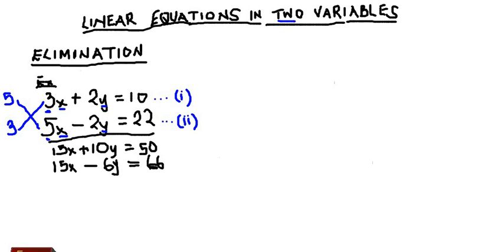So this is how we balance the coefficients. You can now notice that the coefficient of x in equation 1 is 15, and the coefficient of x in equation 2 is also 15. That means we have balanced the coefficients.